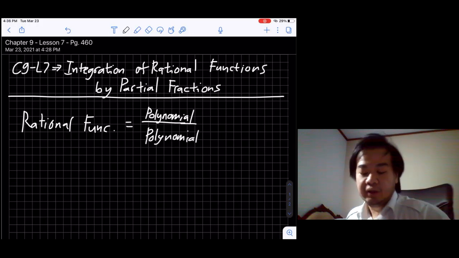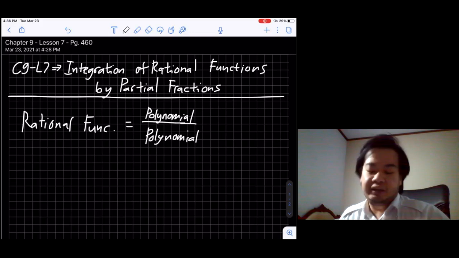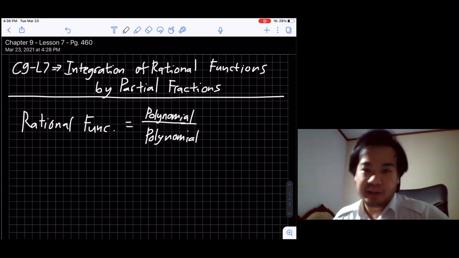I will repeat. Like a rational number is a number that can be defined as a quotient of two integers, a rational function is a function that can be expressed as a quotient of two polynomials.